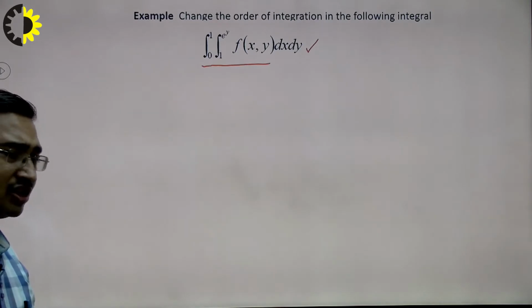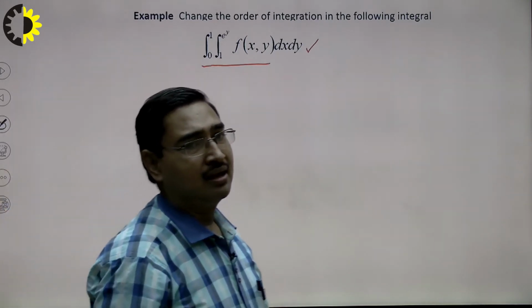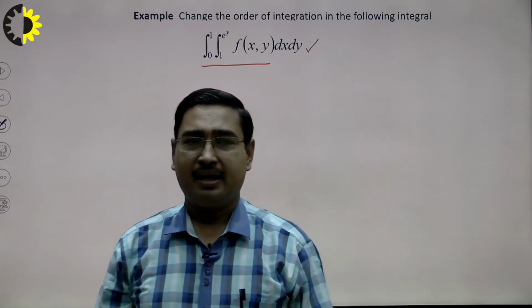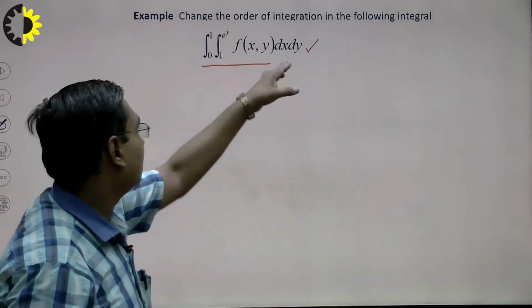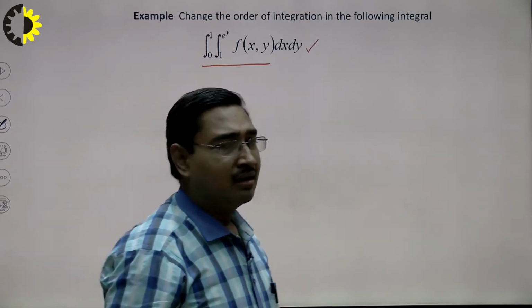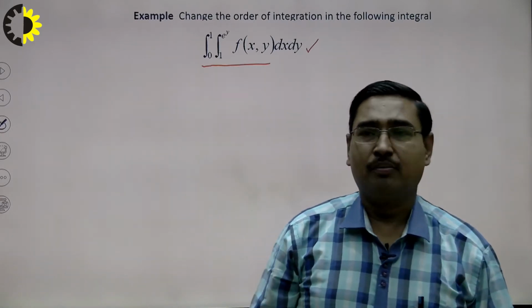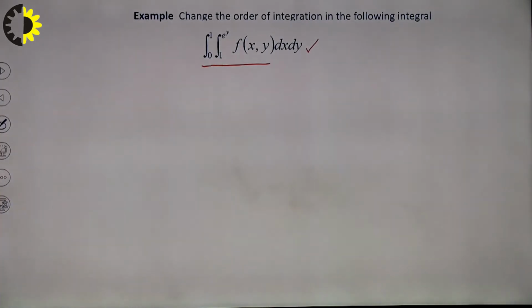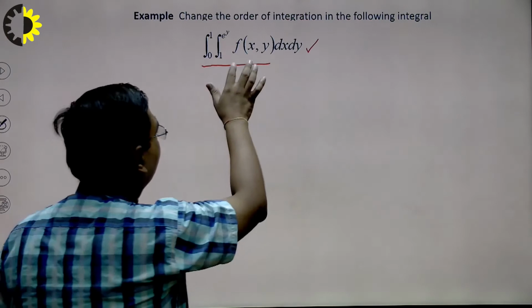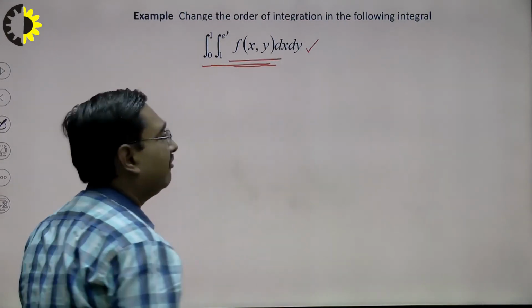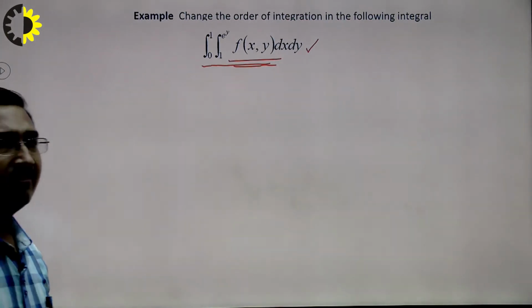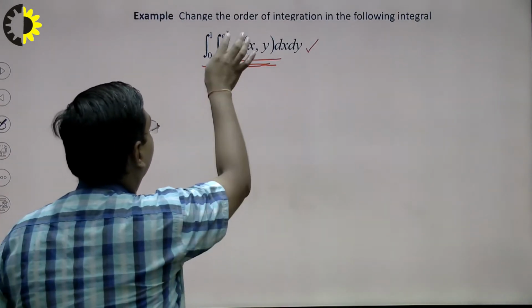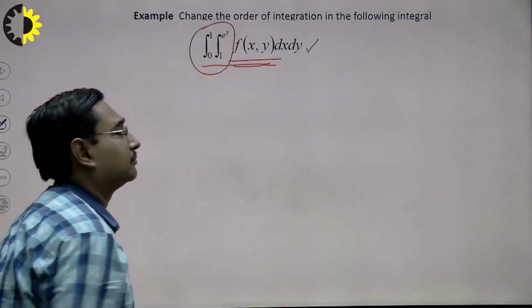Then we will change the type of slicing. By taking the new slice, we will again find the limits, and applying those limits to this integral, the expression obtained will be the integral obtained by changing the order of integration. It must be noted that the integrand will remain unchanged whenever we are changing the order of integration. The variation will be only in the limit part.